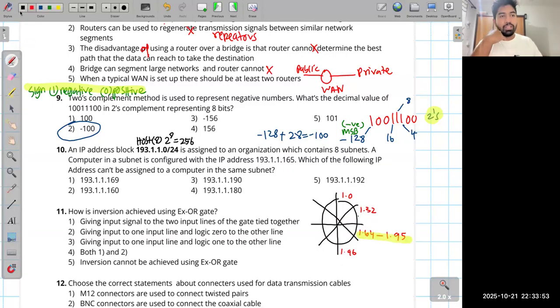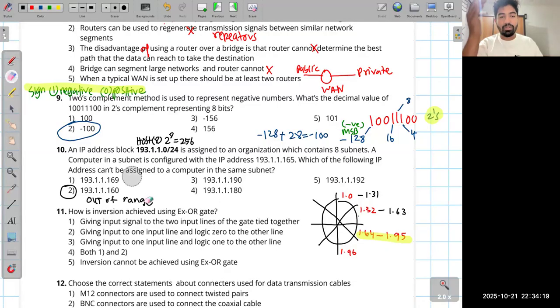The range is 1.0 to 1.31, then 1.32 to 1.63. Which cannot be added? 165 is possible, 169 is possible, 160 is not. 190, 180 and 192 are possible. Out of range.